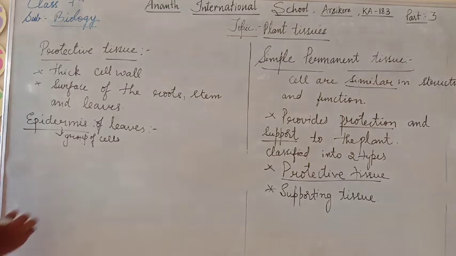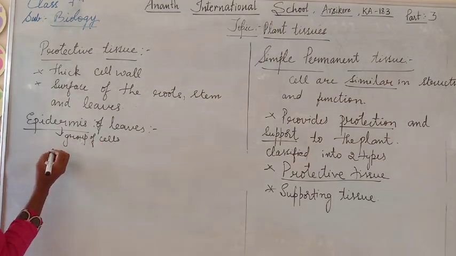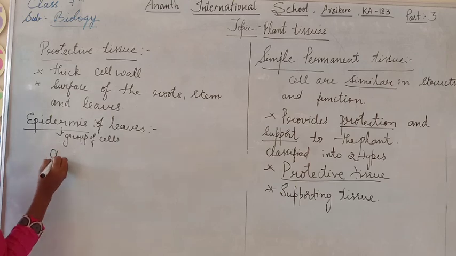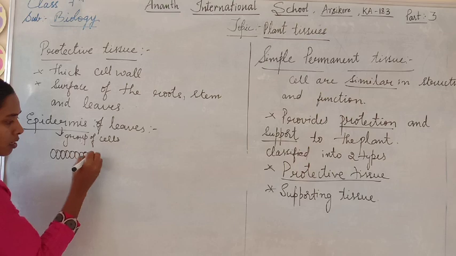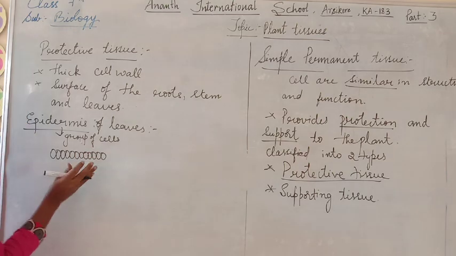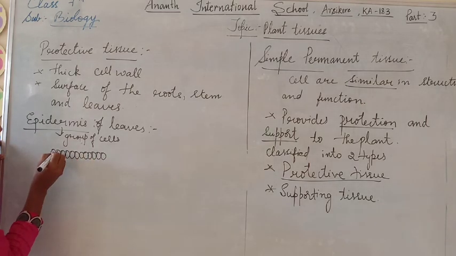These cells are arranged very closely, and being closely packed they form one single layer. This layer protects the leaves.